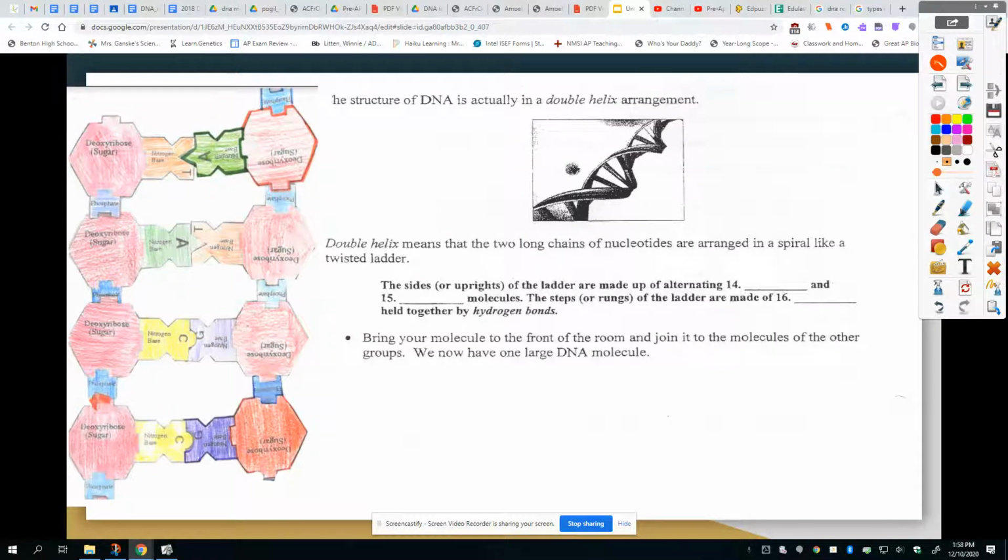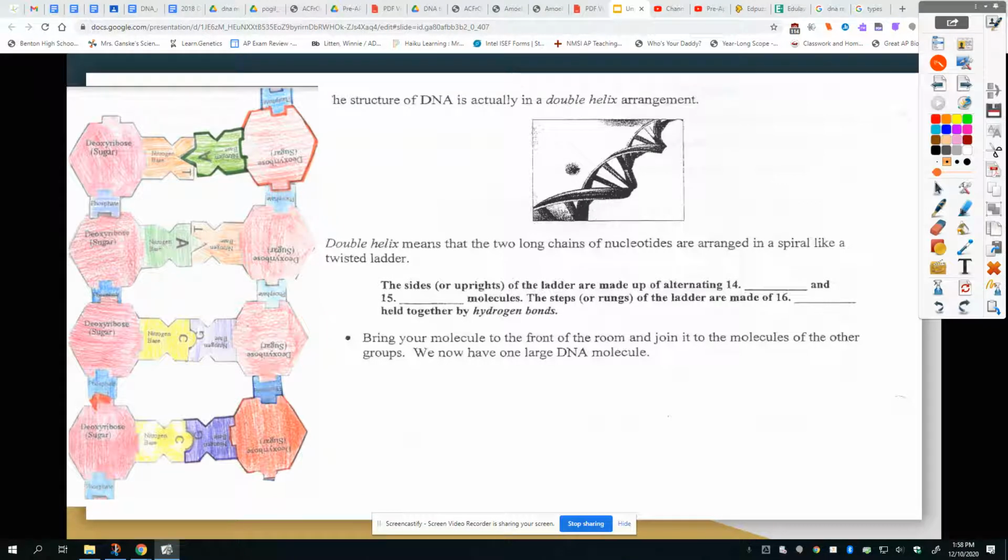All right, the shape of DNA is called a double helix. And that name and the structure of DNA was discovered and credited to Watson and Crick. The double helix means that there's two long chains of nucleotides arranged in a spiral or twisted ladder-like shape.